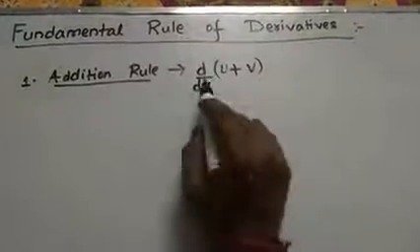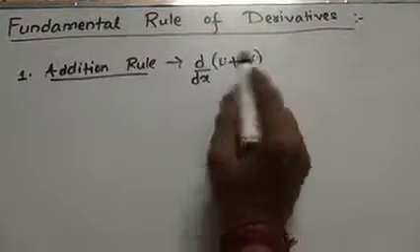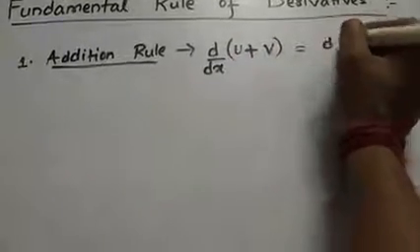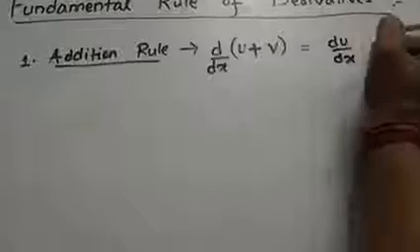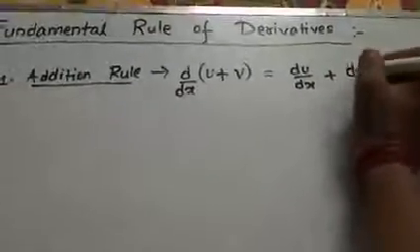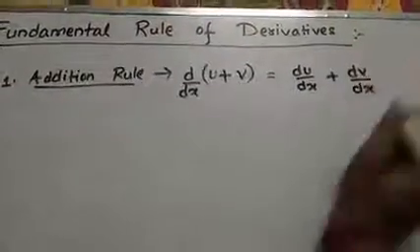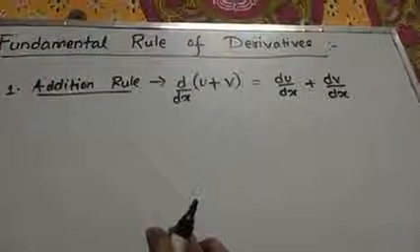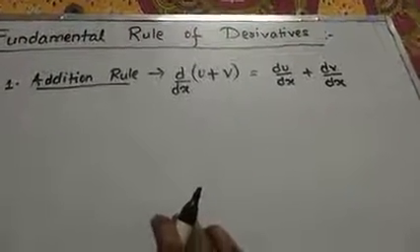So differentiating two functions in the form of addition, the rule is that we can separately differentiate them, that is du by dx plus dv by dx. So this is the rule of addition. If two functions are in the form of addition, we can separately differentiate them.